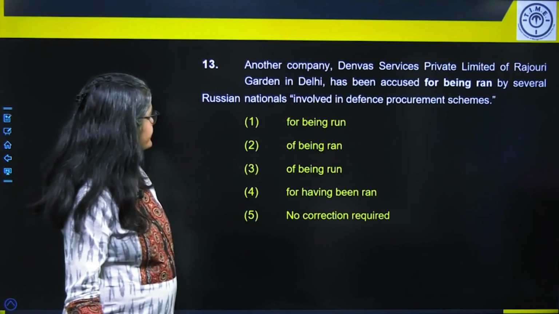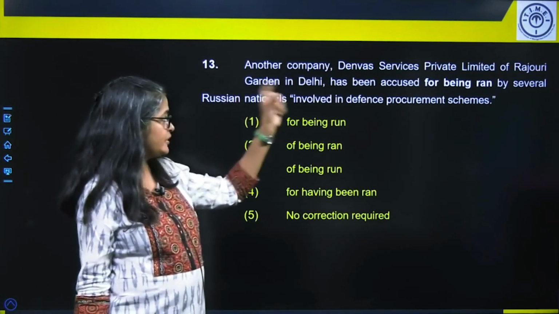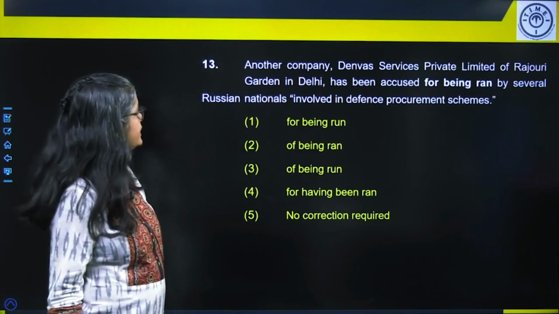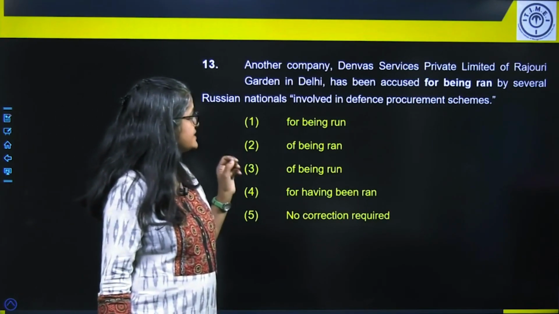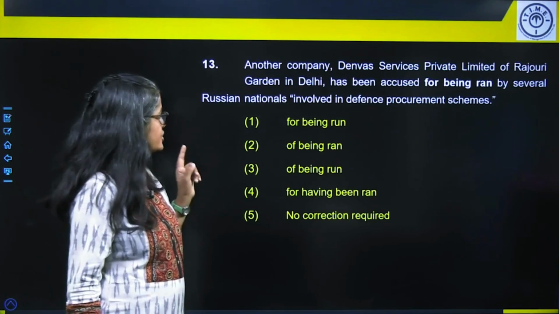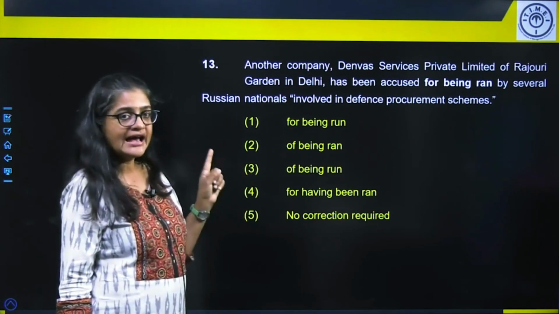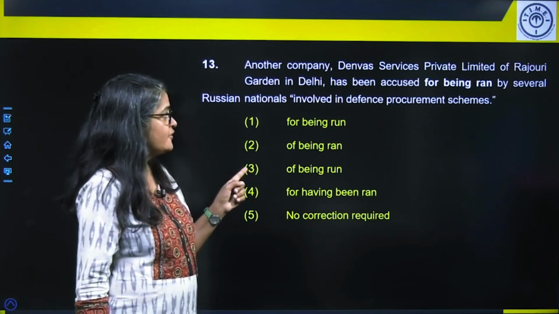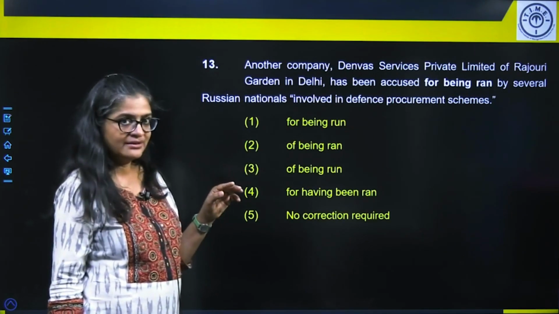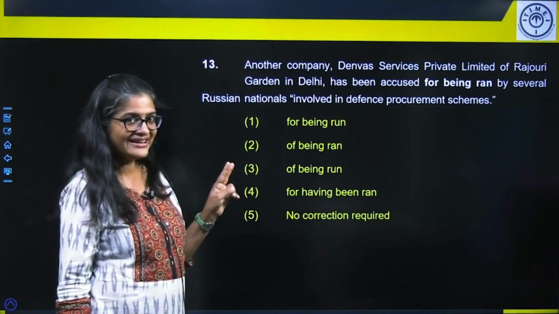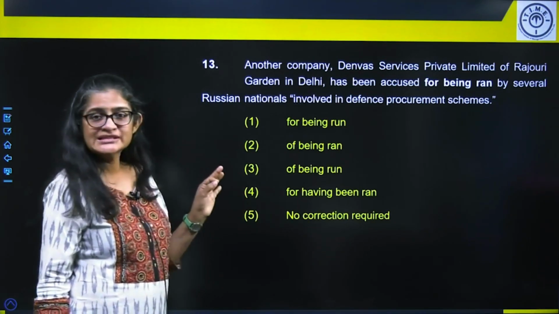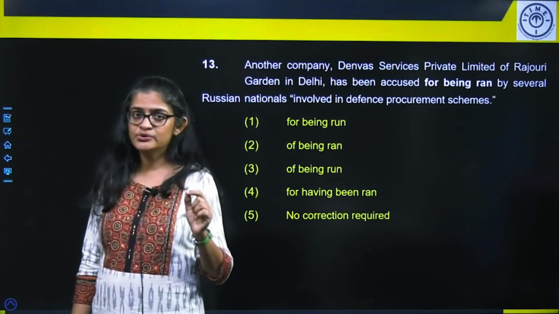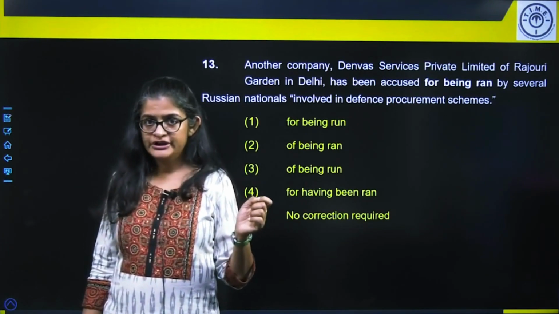Now, this is a phrase again, not an idiom really. Another company, Denver Services Private Limited of Rajouri Garden in Delhi, has been accused for being ran. Did you find the errors? Accuse is followed by what? Accused of, right?